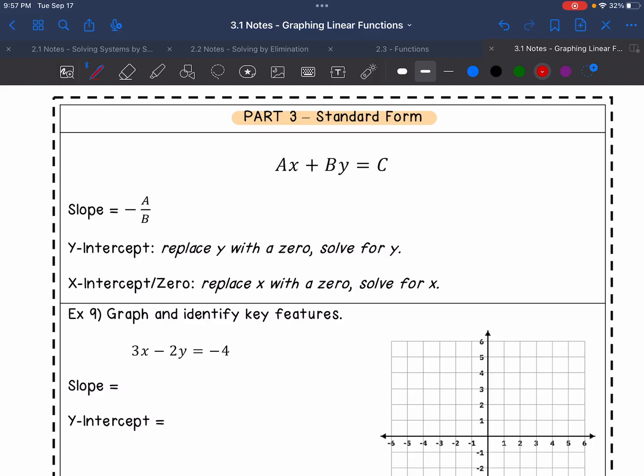So standard form is written with x and y on the same side of the equal sign. And then a, b, and c are integers. Okay, so that means no fractions.